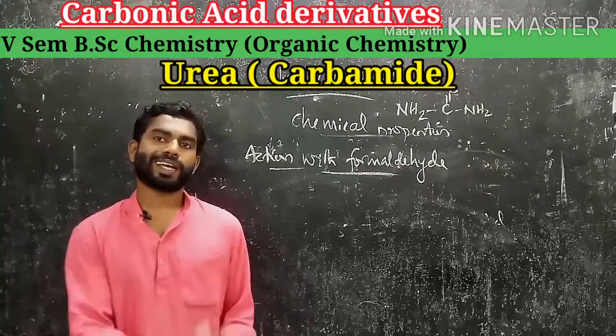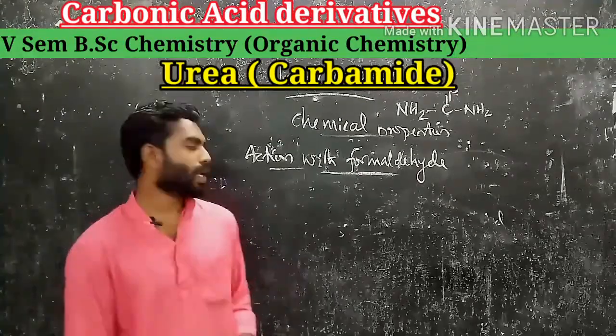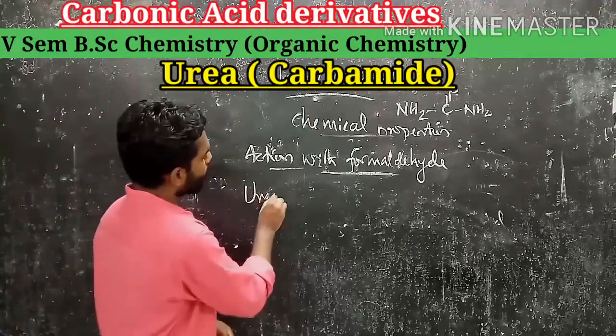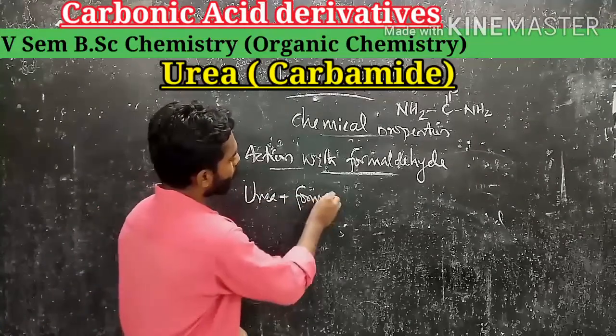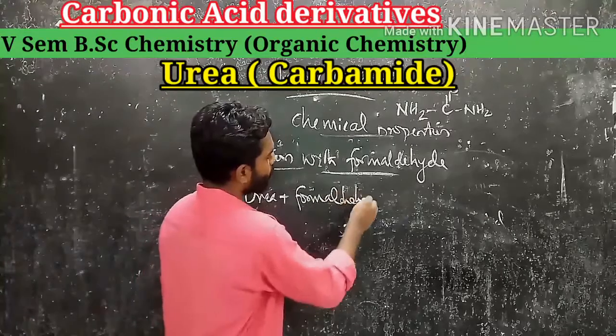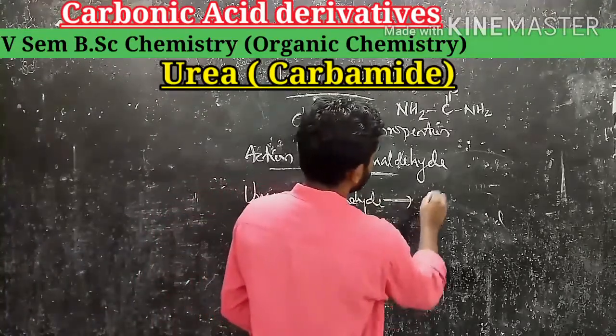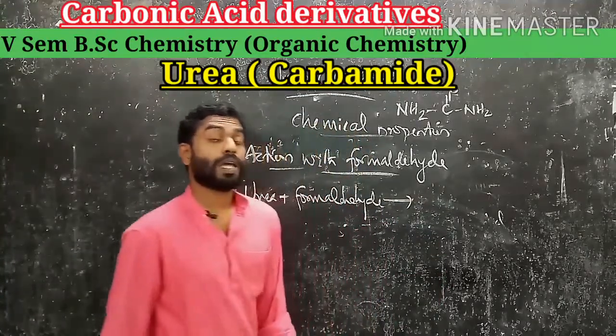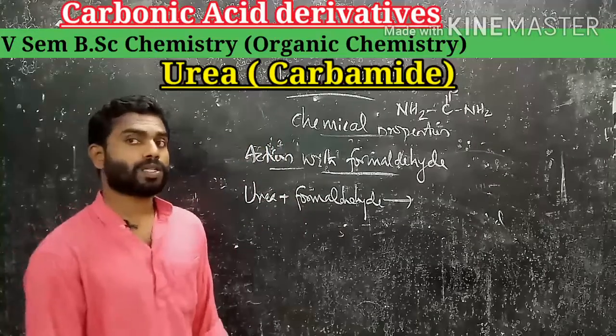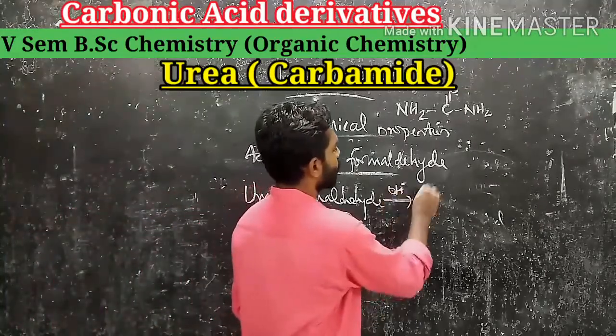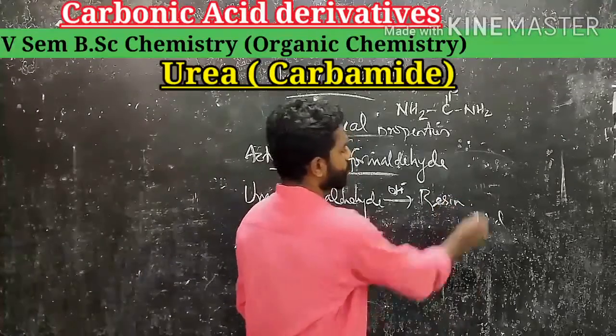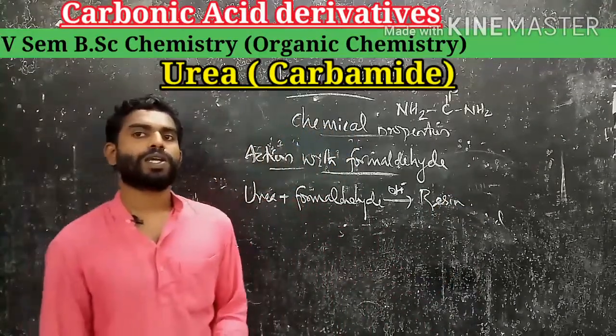So in weakly alkaline condition, urea plus formaldehyde react, and we will get, in slight alkaline medium with OH minus, a polycondensation giving resin. This is known as urea formaldehyde resin.